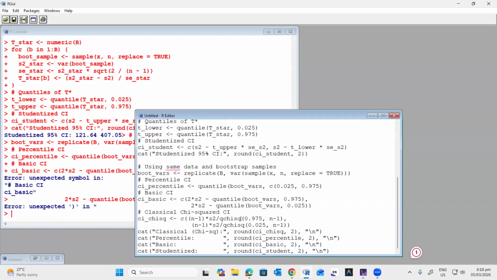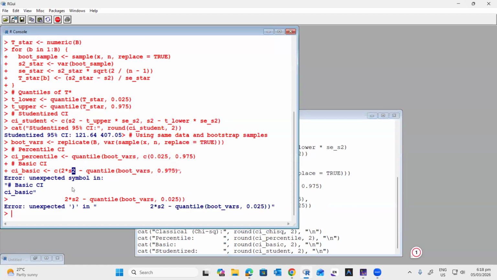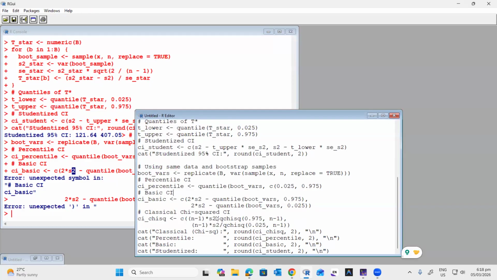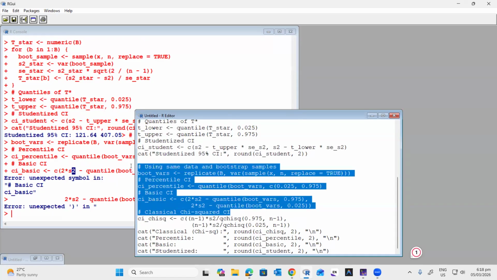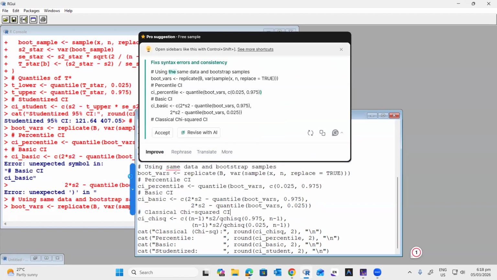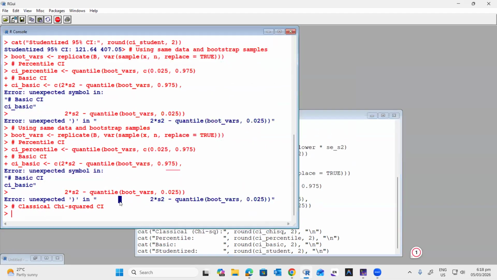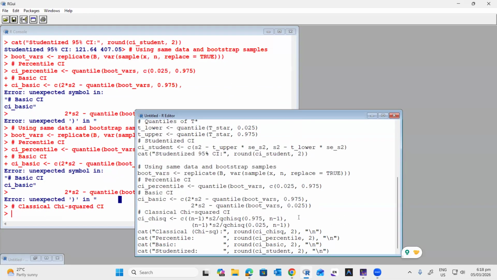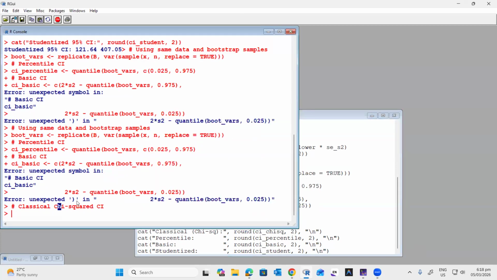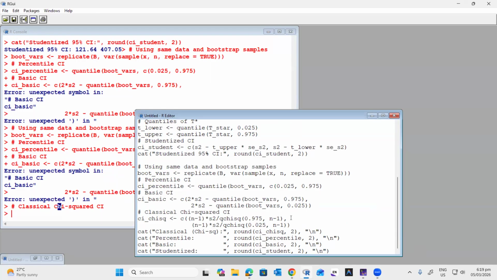Sorry, what happened? In the basic, which bracket is remaining? Unexpected bracket in S2 quantile.